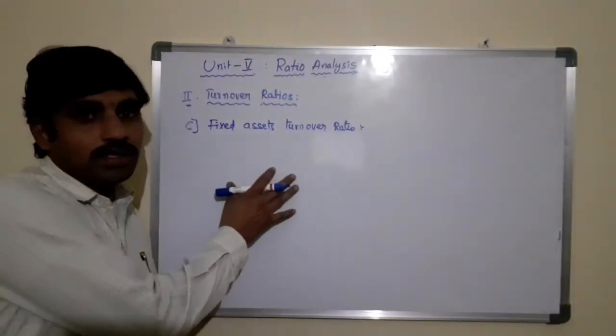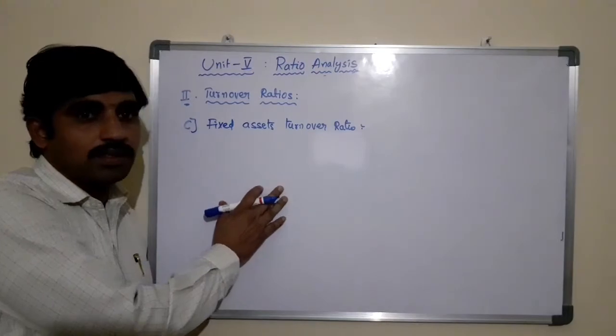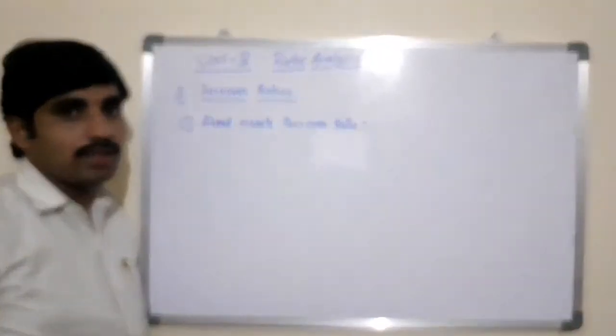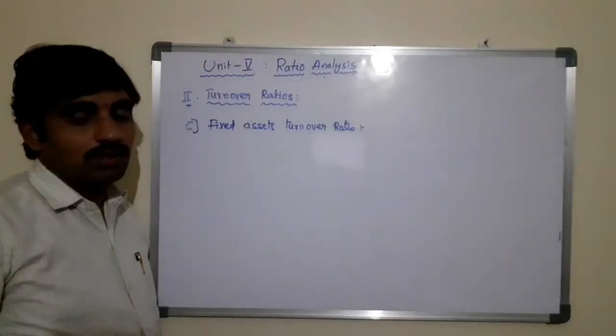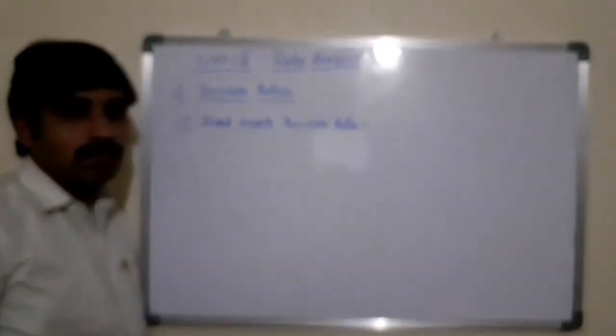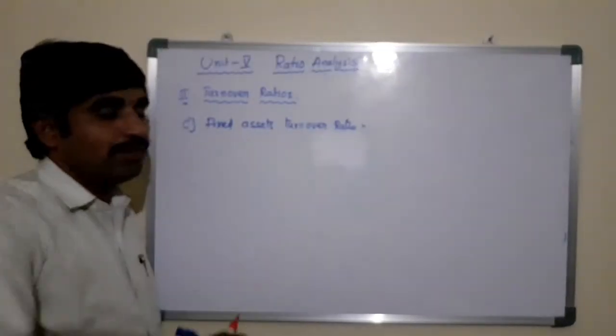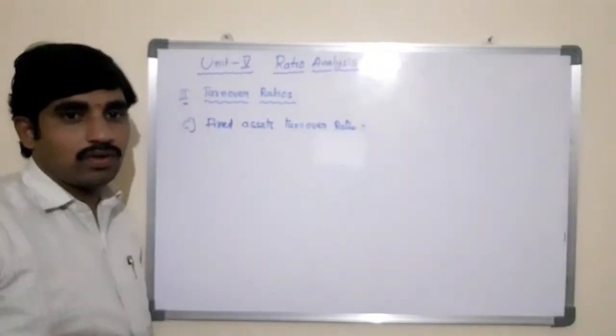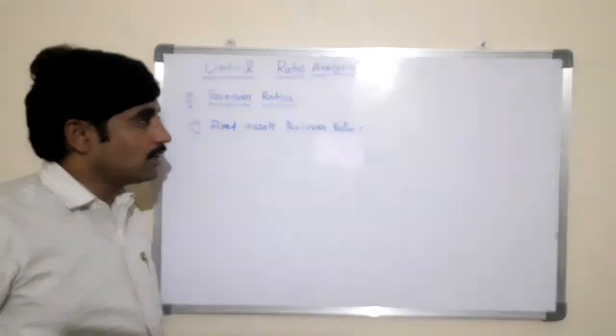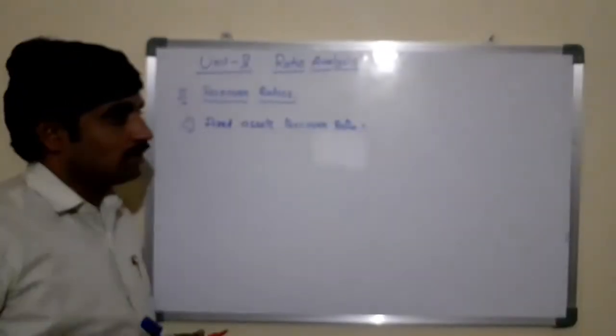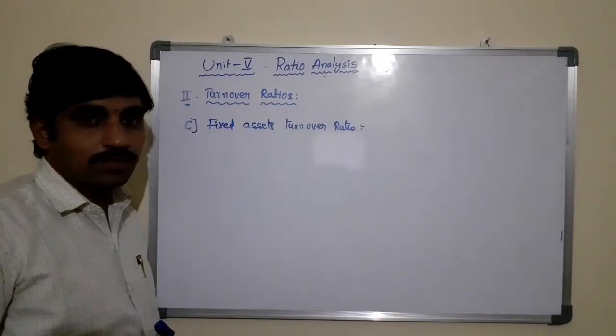The effective utilization of fixed assets will result in increased production and reduced cost. This ratio is used to understand whether the company is utilizing the available fixed assets effectively or not. The higher the fixed assets turnover ratio, the more the utilization of the fixed assets in the business, meaning effective utilization of fixed assets.